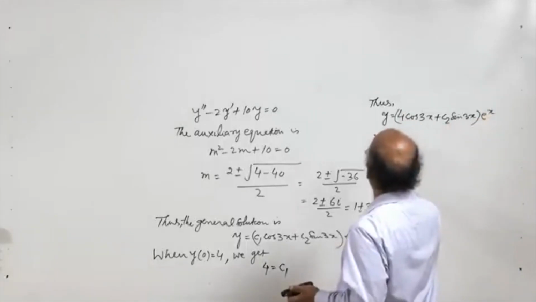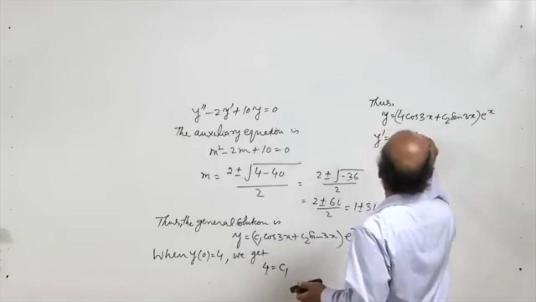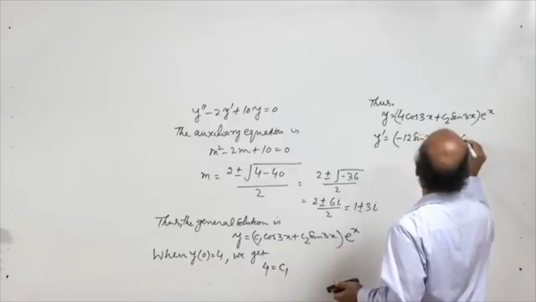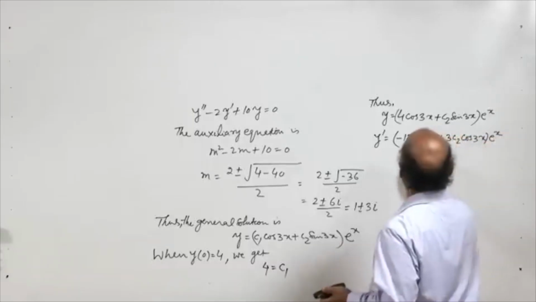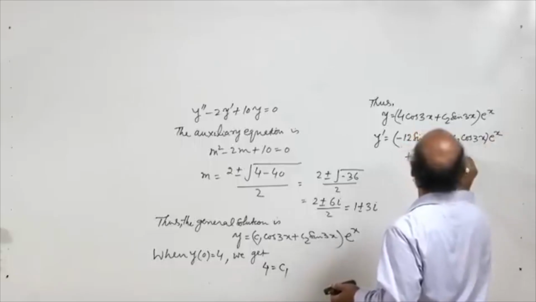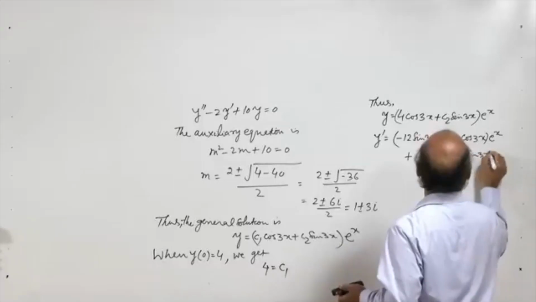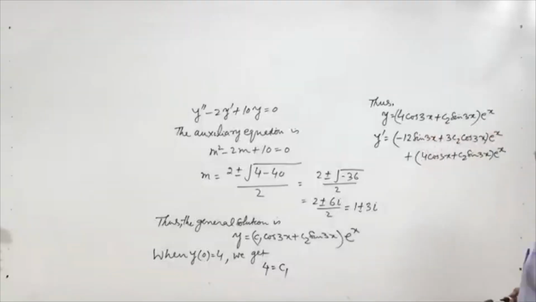What do we get? y dash equal to minus 12 sin 3x plus 3C2 cos 3x, times e to the power x, plus the other terms, since the derivative of e to the power x is e to the power x.